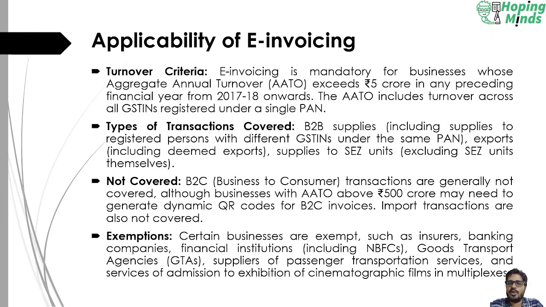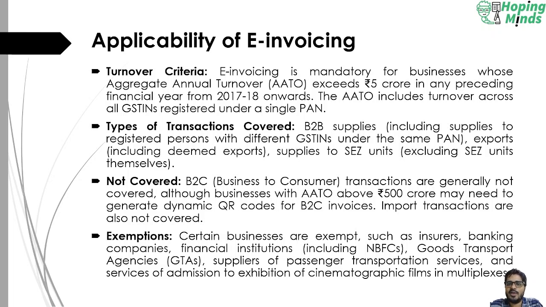So an important point to note here is that if the turnover has exceeded rupees 5 crores during any year, that is from 2017-18 onwards, then e-invoicing shall be applicable. That means turnover of the preceding financial year is not the criteria, but turnover from financial year 2017-18 till date is the criteria for applicability of e-invoicing.